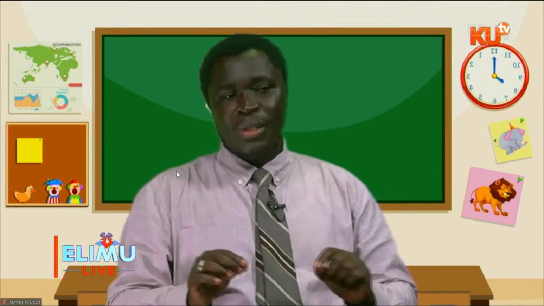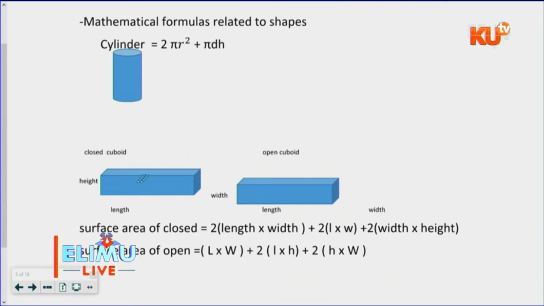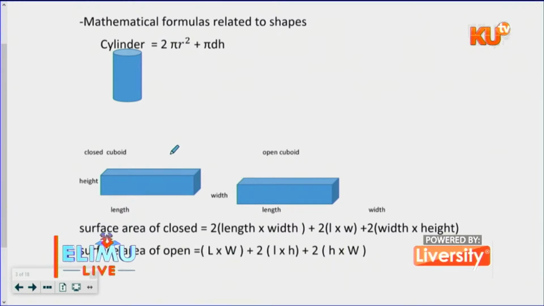We are going to see how we always put the formula. Come to this face facing us. This one here is also in a rectangular shape. This face in rectangular shape has another face on the other side, exactly the same as the first face.